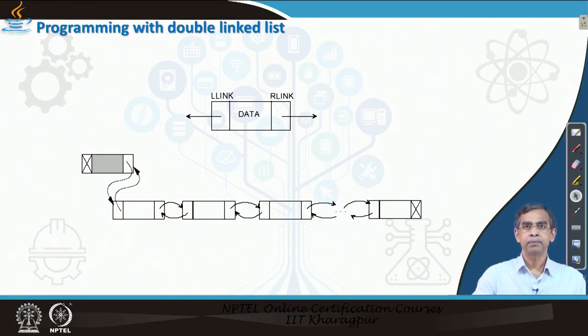If you follow all operations one by one, you will see the link manipulation is not exactly the same as the single linked list, because for the single linked list only one link needs to be manipulated, whereas for the double linked list we have to manipulate two links for each node.